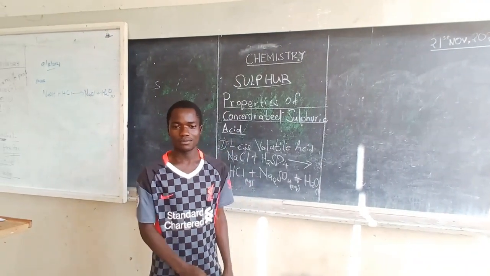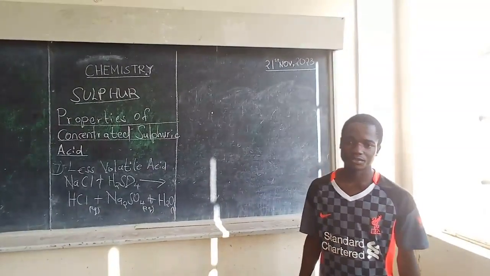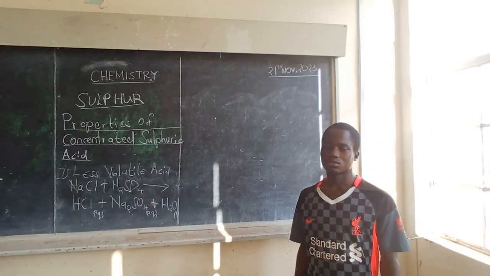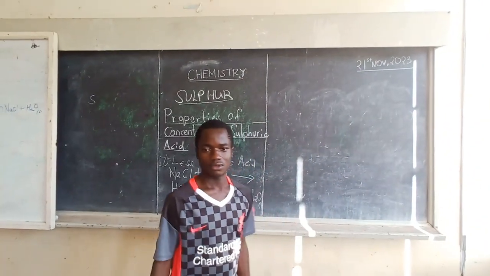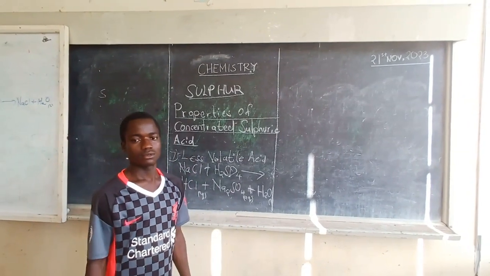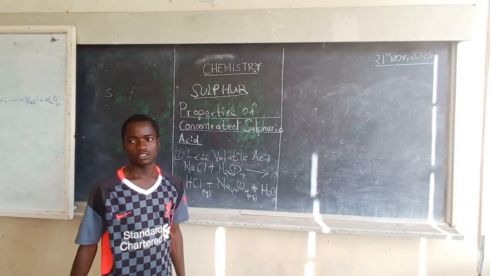Another thing that you have learned today. Concentrated sulfuric acid is a colorless oily liquid and it is used in car batteries. Very good.